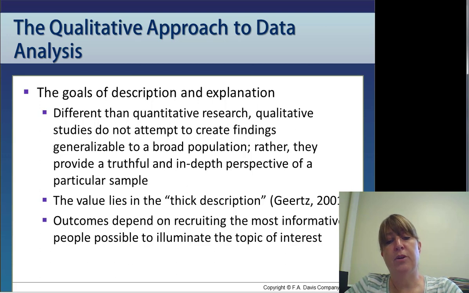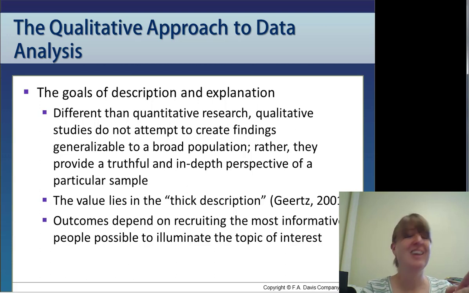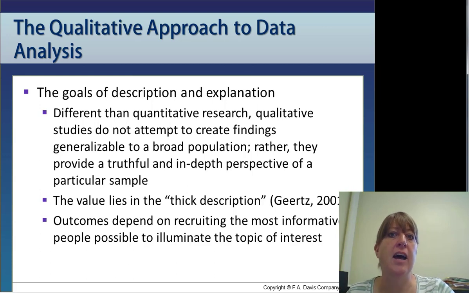So outcomes depend on recruiting the most informative people possible, and that's different from quantitative, because in quantitative we want homogeneous. We want everybody to be the same. We want to eliminate people that are not homogeneous, because they're going to skew our sample and make it so we can't generalize.